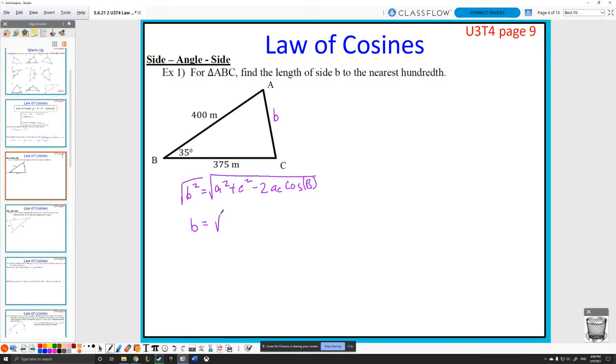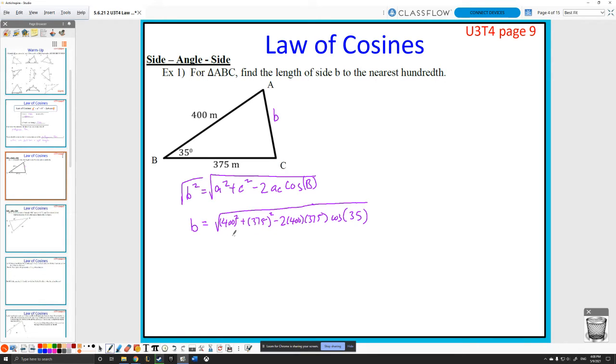So b is equal to the square root of 400 quantity squared plus 375 quantity squared, minus 2 times 400 times 375 times cosine of 35 degrees.